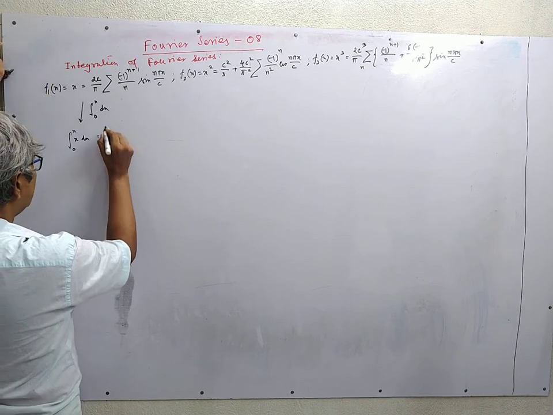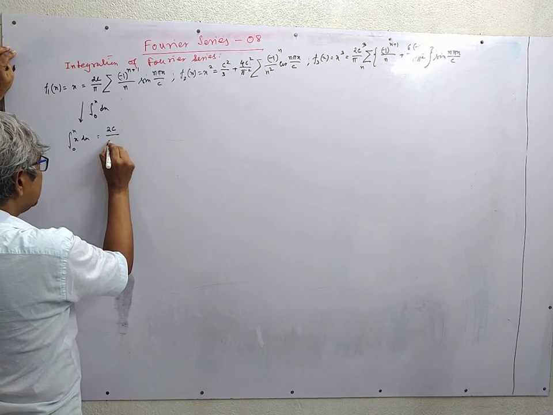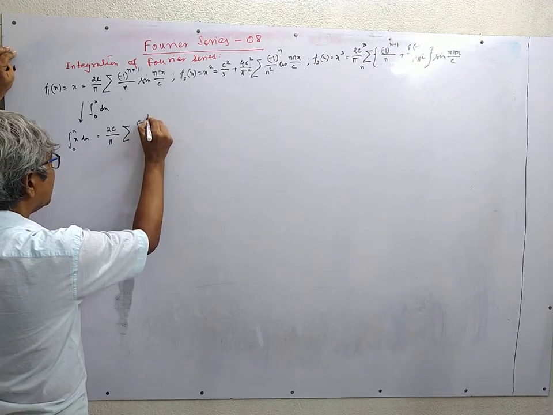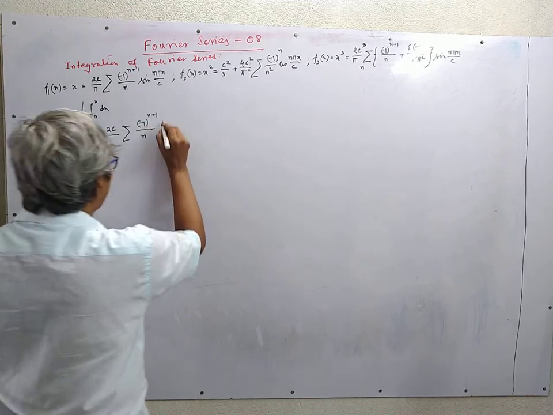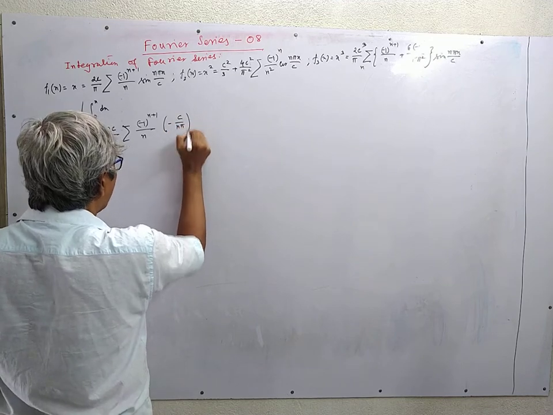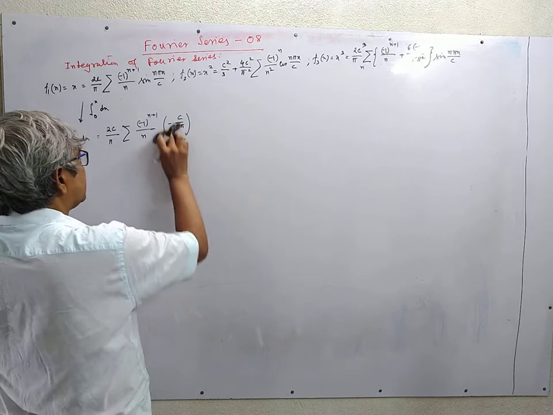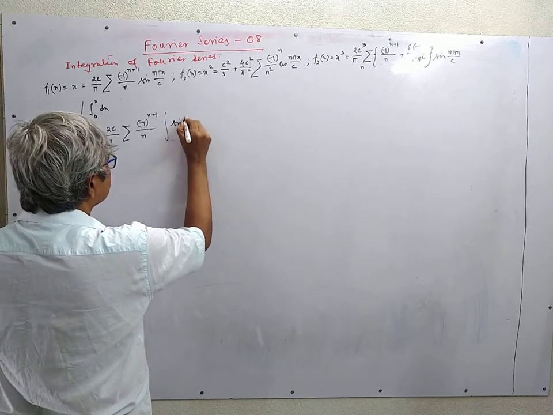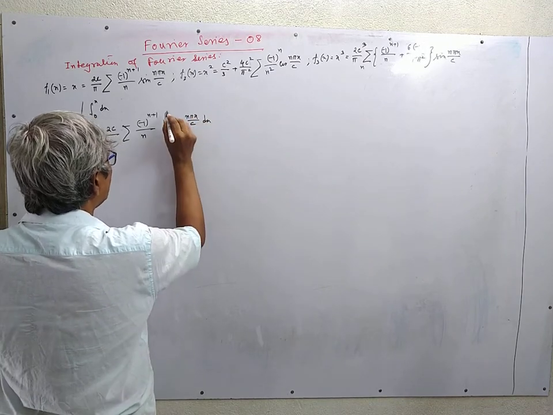Then we will have 2c by pi, and if we integrate sine we will have minus c upon n pi. Let me first write the basic step: sine of n pi x by c dx from 0 to x.